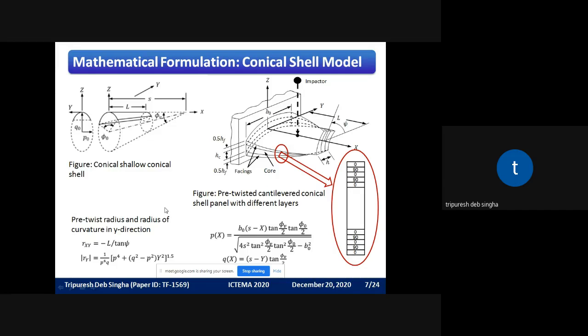The pre-twist radius and the radius of the conical shell are related with the angle of twist.